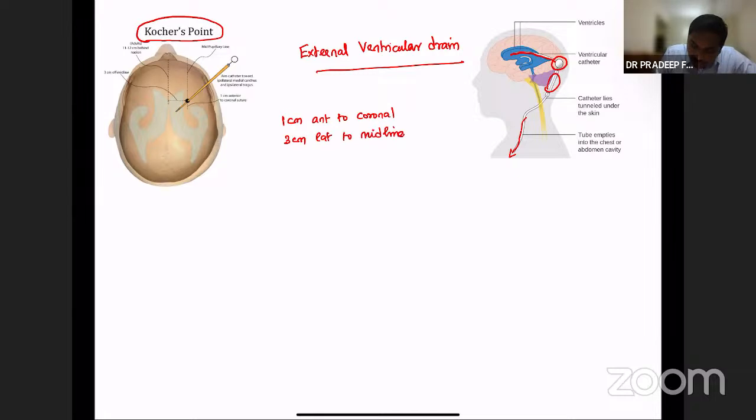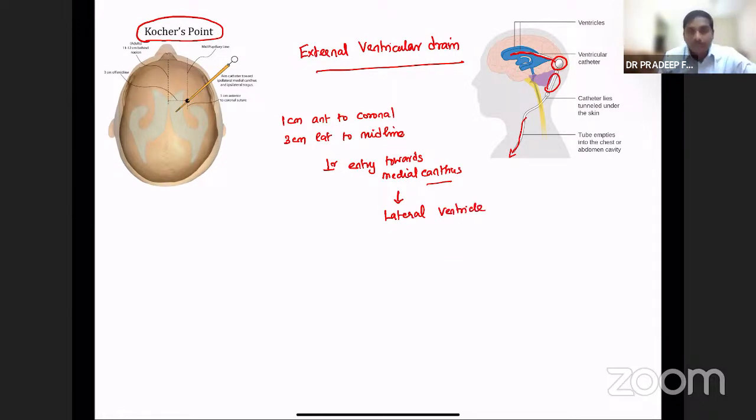You make a perpendicular entry towards the medial canthus, and you will reach the lateral ventricle or the lateral horn of the ventricle, thereby facilitating the CSF drainage.